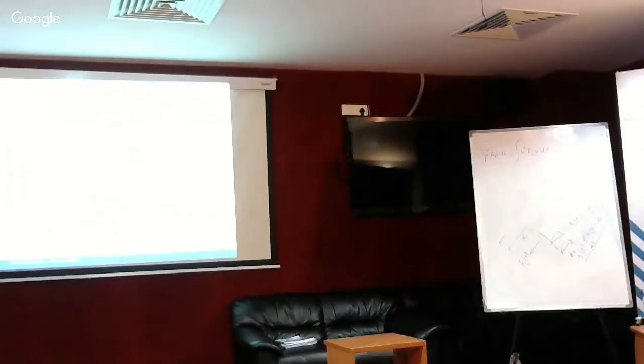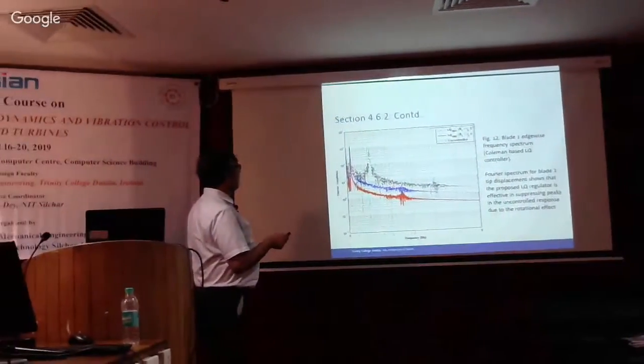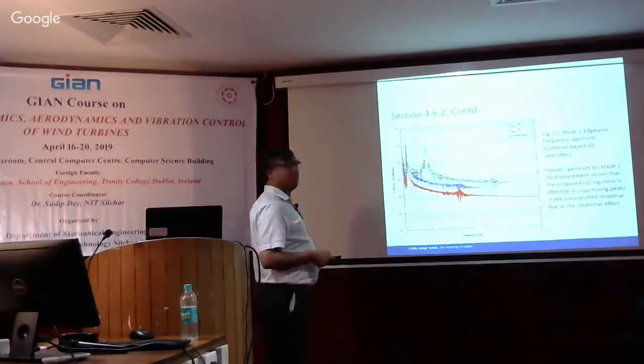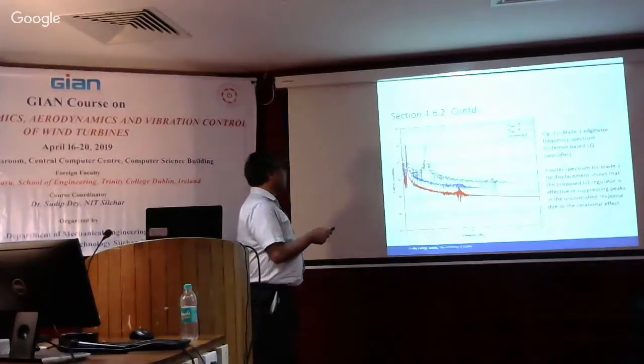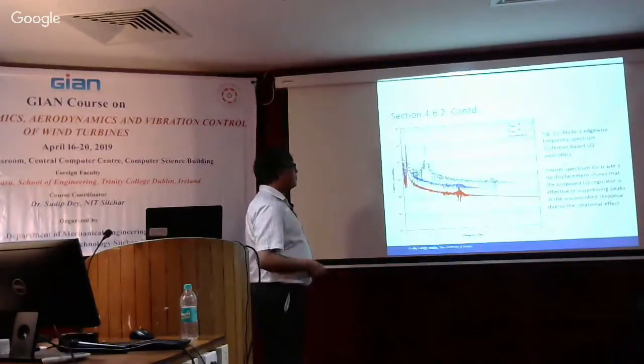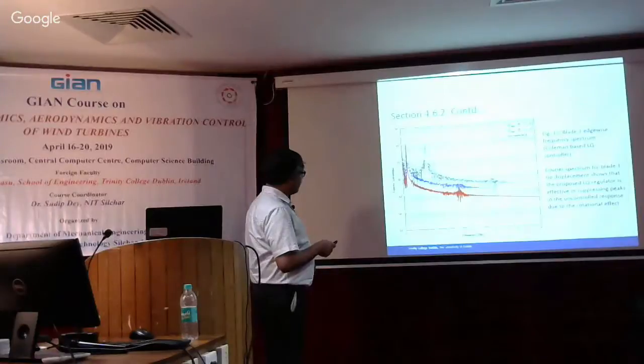You can see 3P, 6P, which are roughly at 1.2 hertz, and then 1.8 is here, which is 9P. These are showing up in terms of the frequencies in the control response. They correspond to the rotational speed of the blade. You also have some tower and blade response, I think, showing up here somewhere.